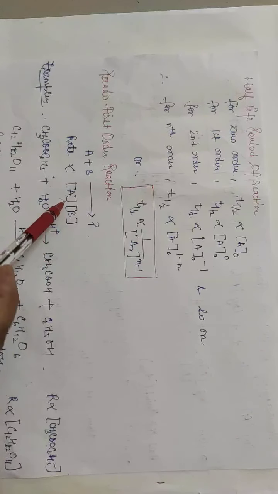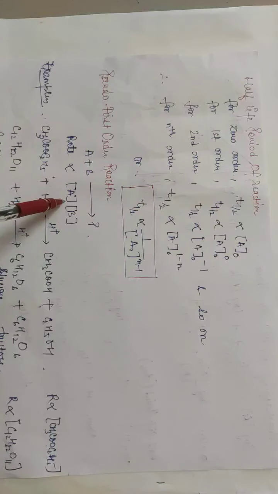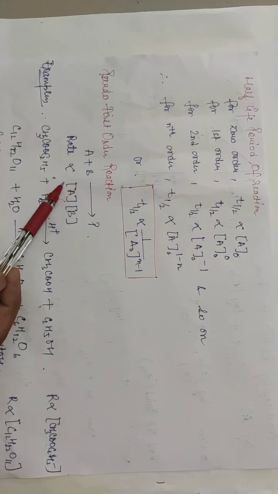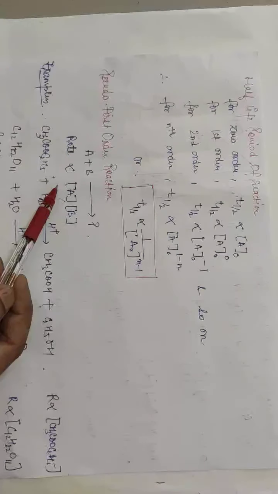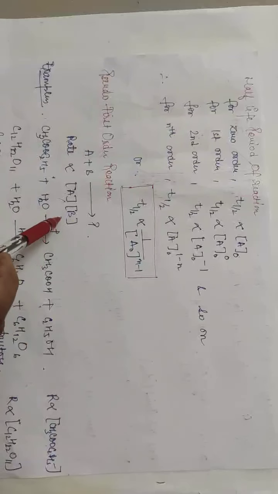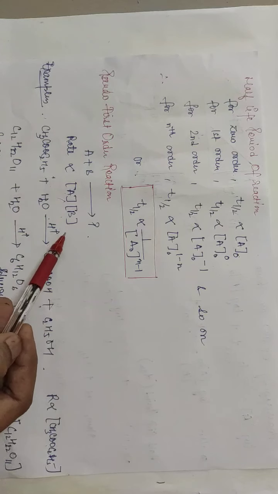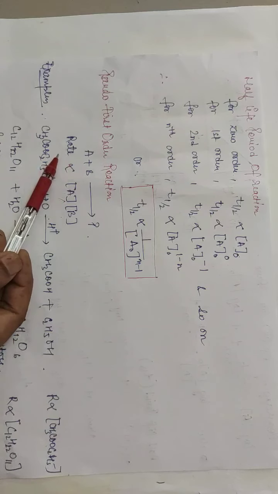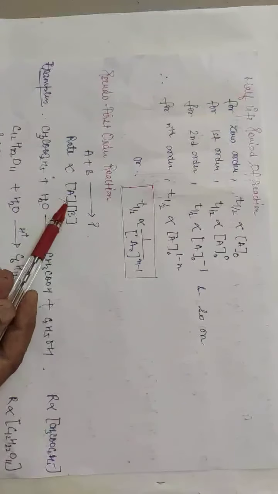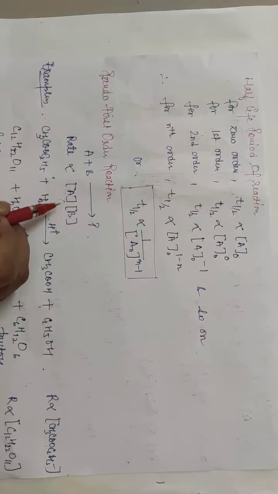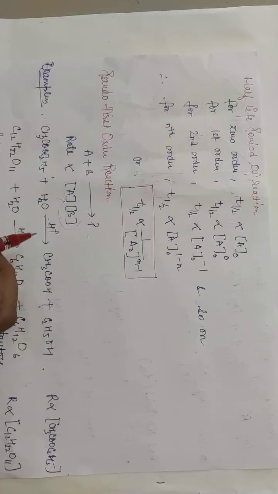Previously, for this reaction the rate is directly proportional to the product of the molar concentrations of both reactants. But for the pseudo order reaction, the rate will be directly proportional to the molar concentration of only reactant A, if B is present in large excess and is a solvent.